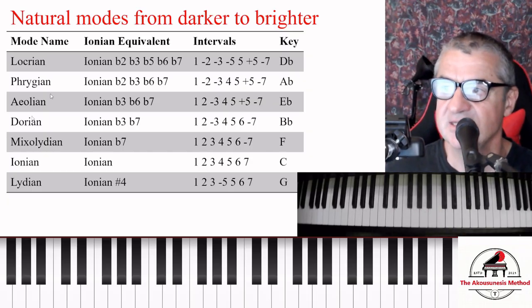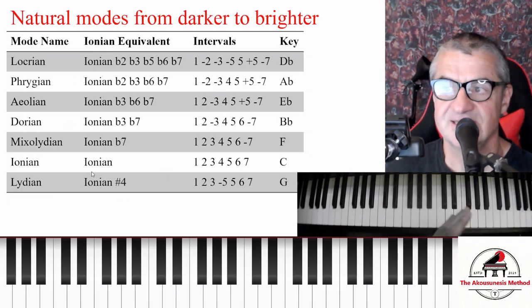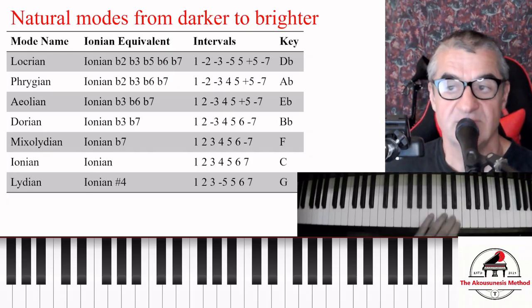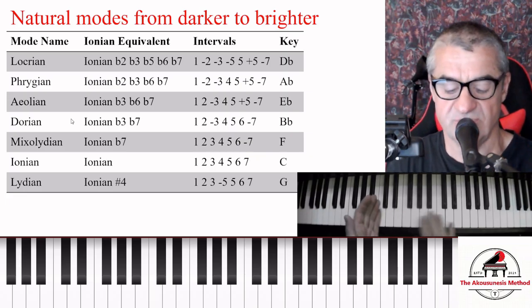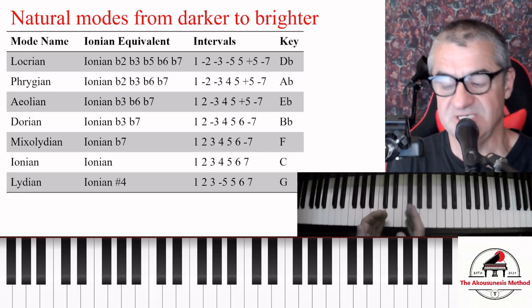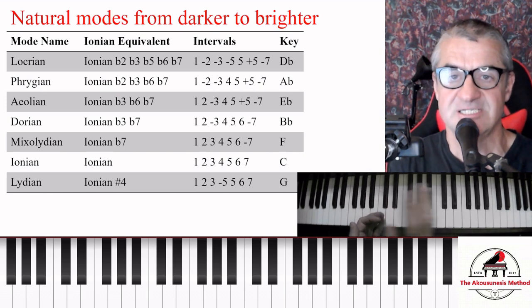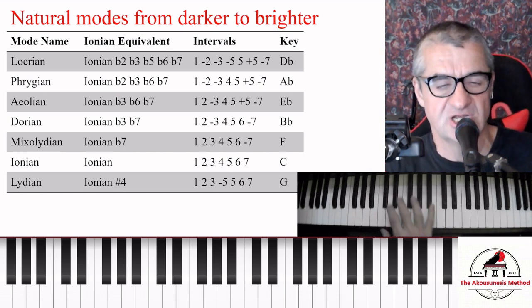This formula is key independent, because Ionian exists in 12 keys. But we're focusing on the key of C to make it easier, because the key of C has all the white notes, and flattening goes to the black notes, so it makes it easy to understand and visualize.